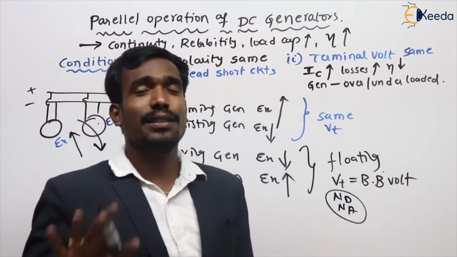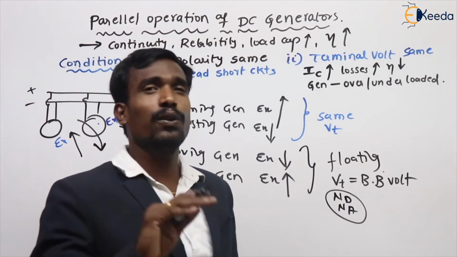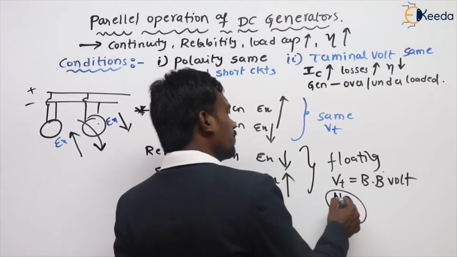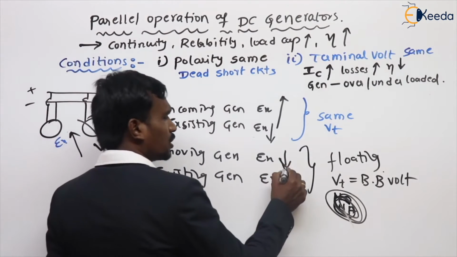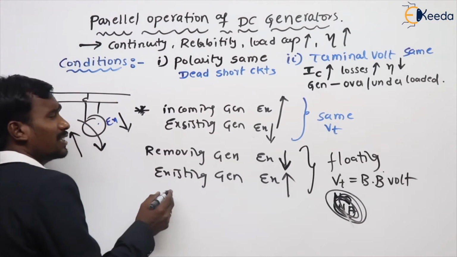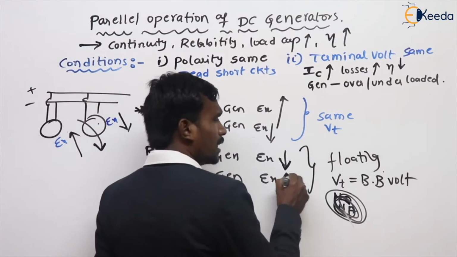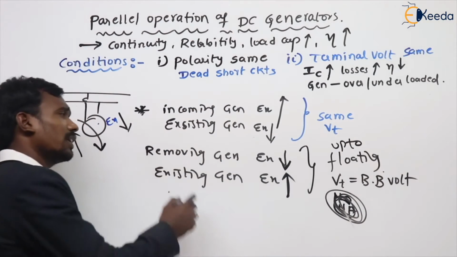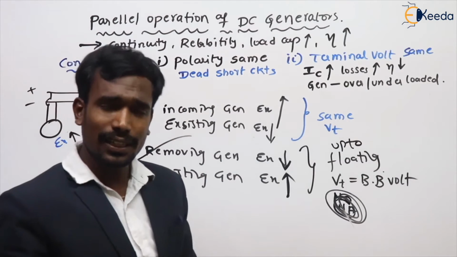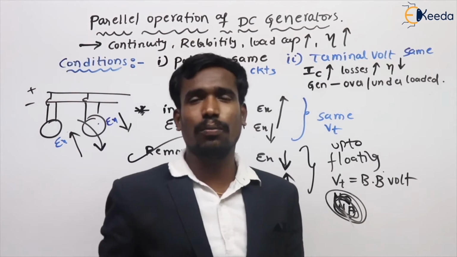Floating point, same voltage, there is no flow of current. So just remember this. At that condition, remove the generator you want to remove.